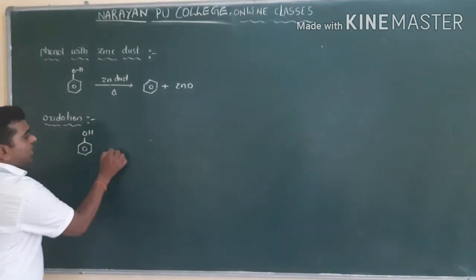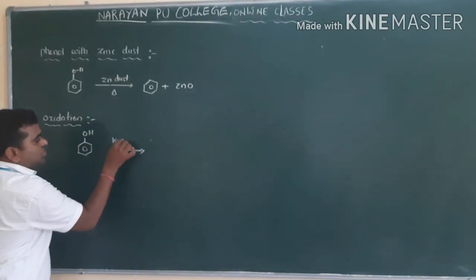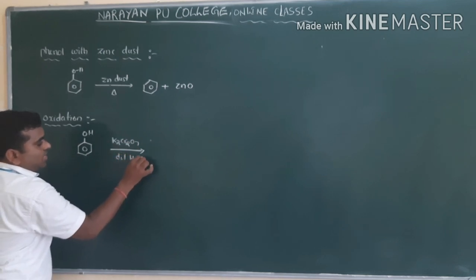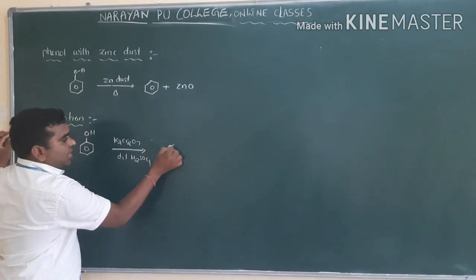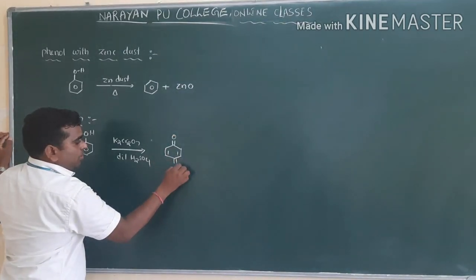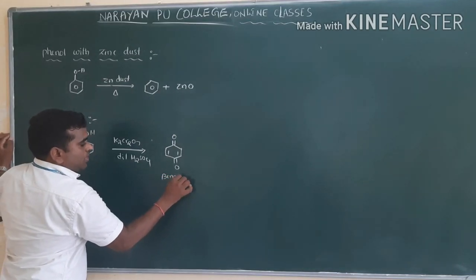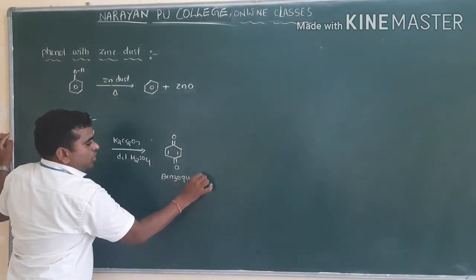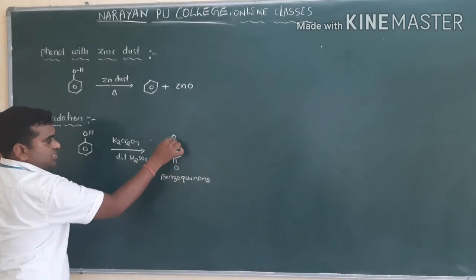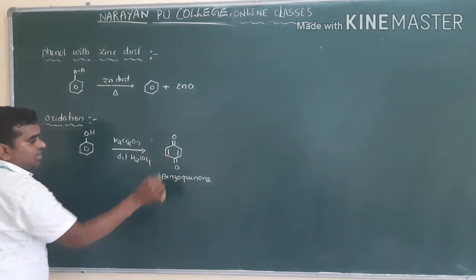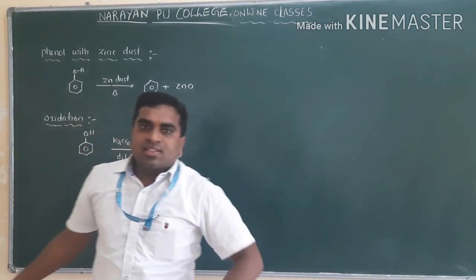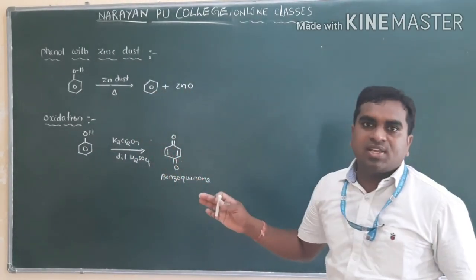That is why, when you oxidize with strong oxidizing agents like potassium dichromate in acidic medium, it is converted into benzoquinone. Remember, it is not a benzene ring here; in the positions you see, there is a double bond here and a double bond here. So this is benzoquinone. These are the reactions of phenols.